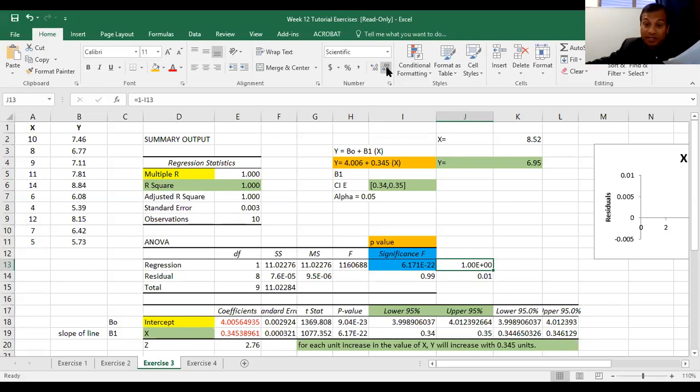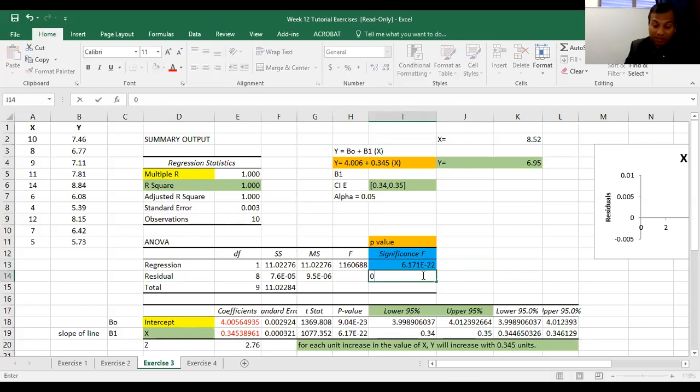Since I said it is almost 0, what is the next step? P-value greater than alpha, or less than alpha? If this value is 0, can we say the P-value 0 is greater than or less than alpha, 0.05? It's less than alpha.